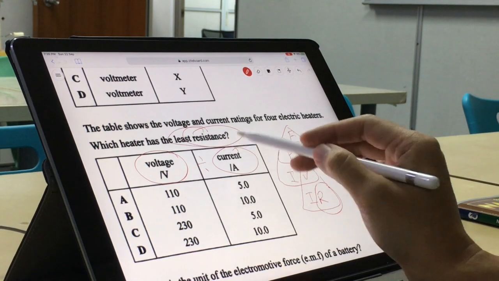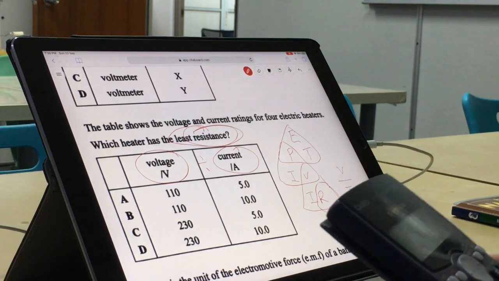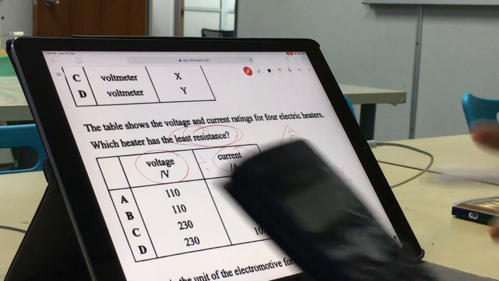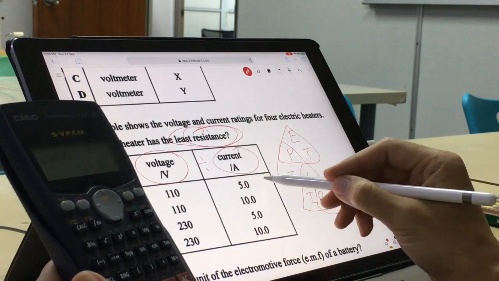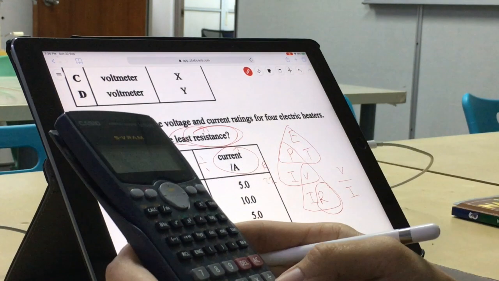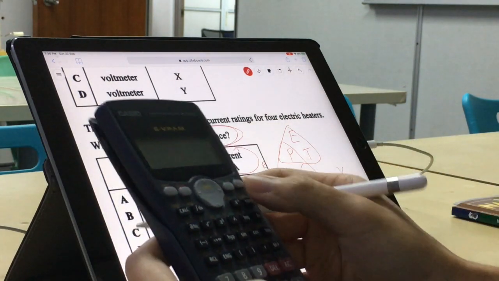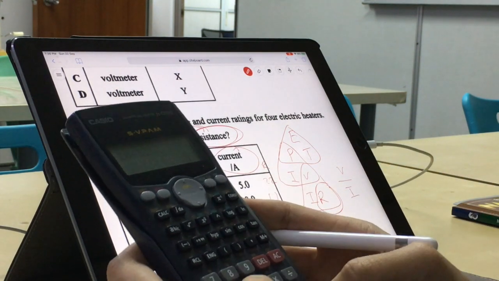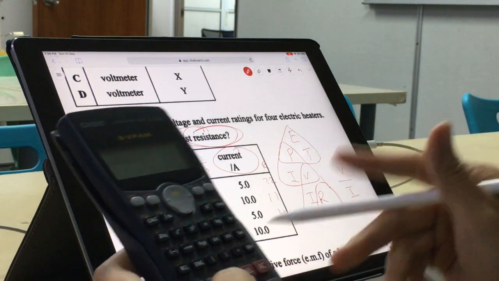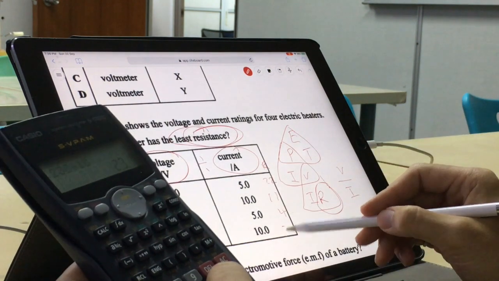Okay, and you want to find the smallest R. So you have to take your calculator. Do you have a calculator with you? I could take. Okay, so let's do 22, 10 divided by 10 is 11, 4, 23.